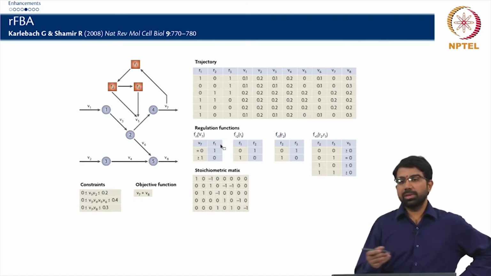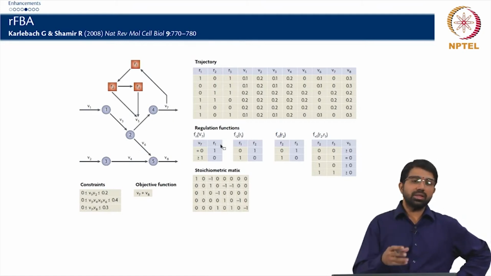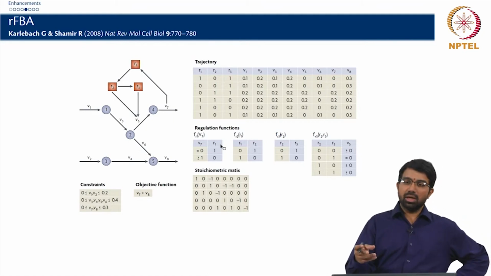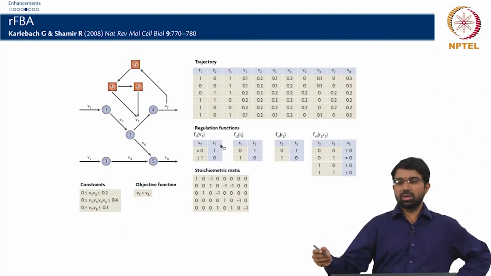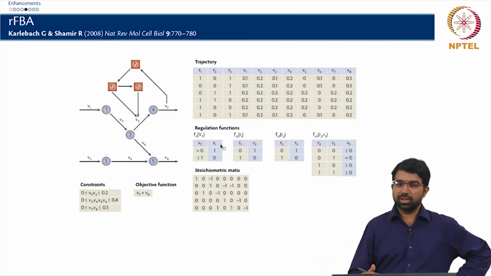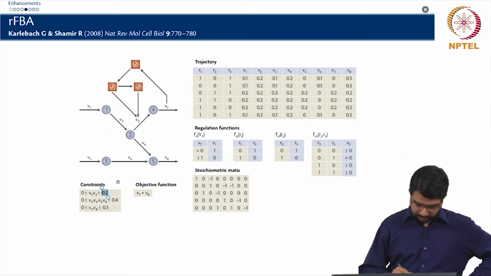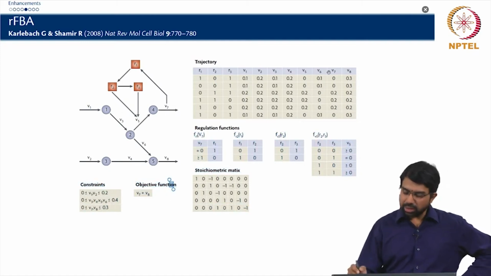This could very well be mapped back to the lac-operon: if lac I is present and the lactose is absent and glucose is present in high concentration, do not express any of the lactose enzymes. So, you have your regular constraints here, your objective function is here, and this is your trajectory.